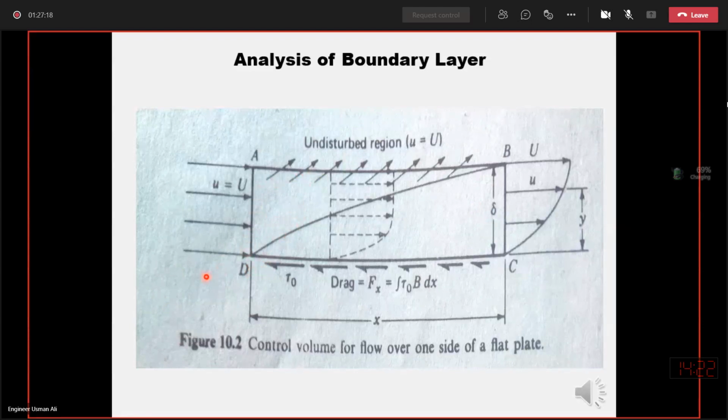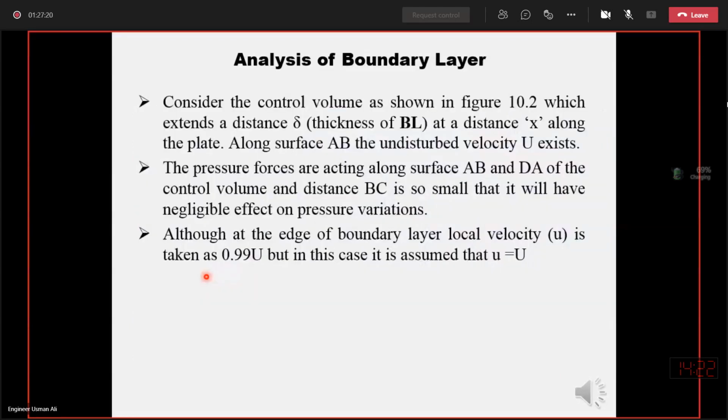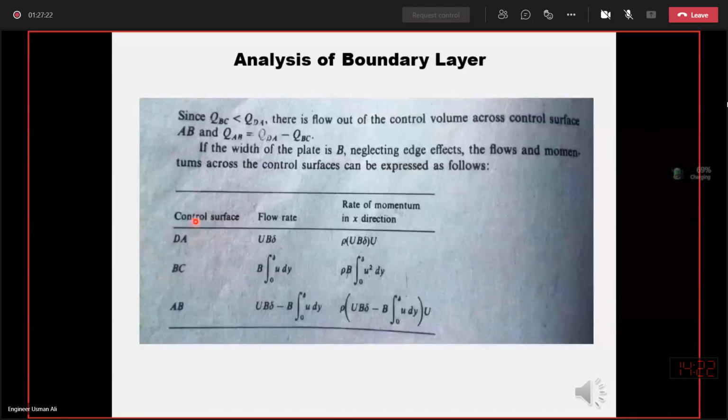So the flow rate at the control surface dA is U into B into del. U is the velocity of the fluid at dA, B is the width and del is the height. So velocity into area is the flow rate at the control surface dA.